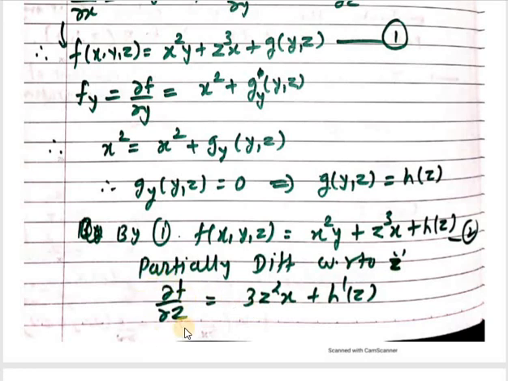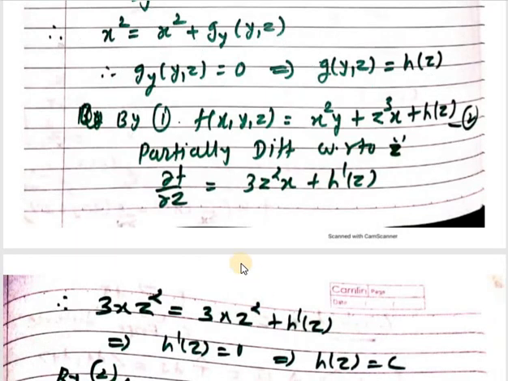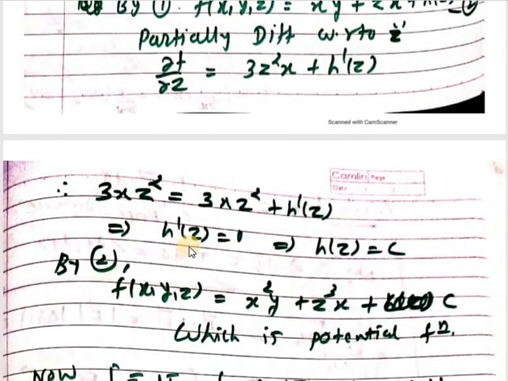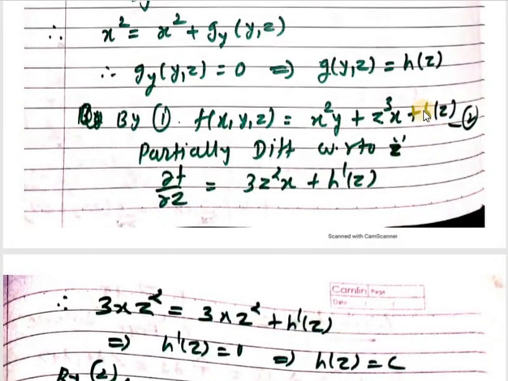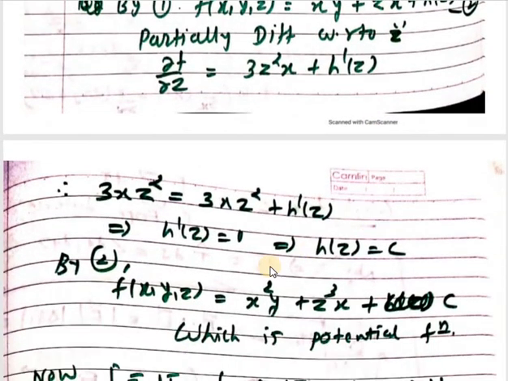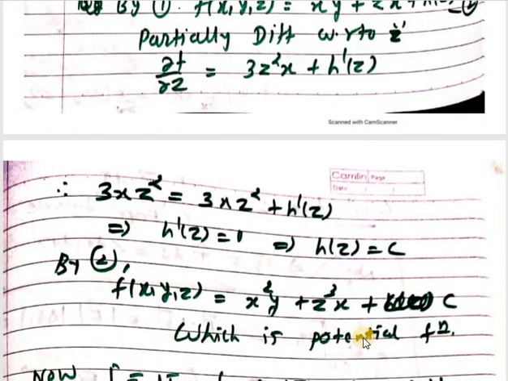But as we have del f by del z is equal to 3xz square, I just replace it and it will be cancelled out. So we get h dash z is equal to 0. When we integrate with respect to z, h of z is equal to a constant. So h of z is c, and our function f of x, y, z becomes x square y plus z cube x plus constant c, which is the required potential function.